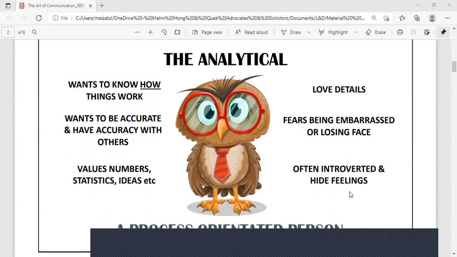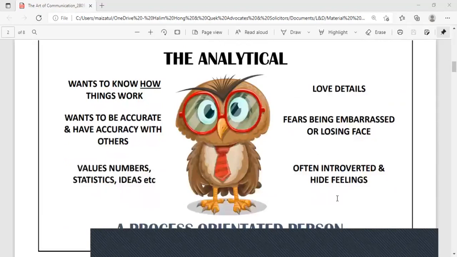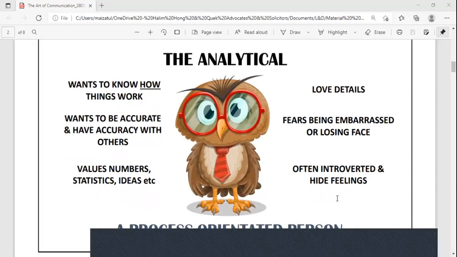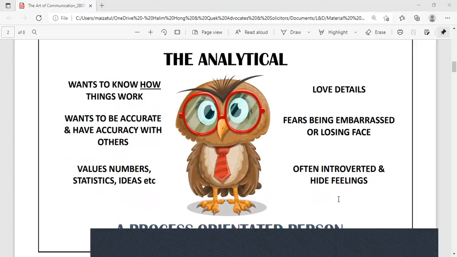Okay, the first one is analytical. So when we go through these four styles one by one, you might imagine which person in our company or our firm suits each style. For example, this analytical person is a process-oriented person.